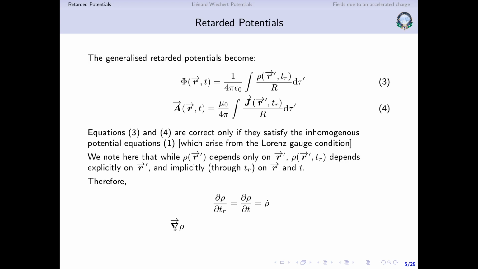So when I take the gradient of ρ with respect to r, ρ implicitly depends on r, so we have to apply the chain rule.